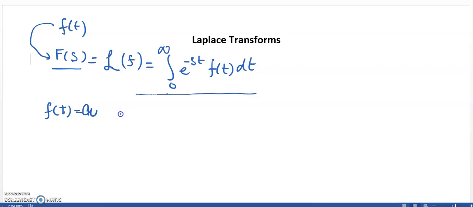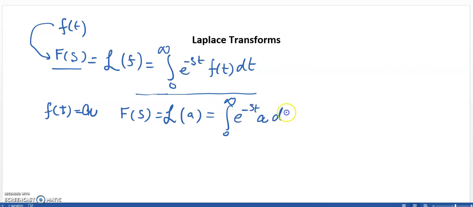Its Laplace transform will be in terms of s, or we can say that the Laplace transform of a will be equal to the integral from 0 to infinity of e power minus st times a times dt.